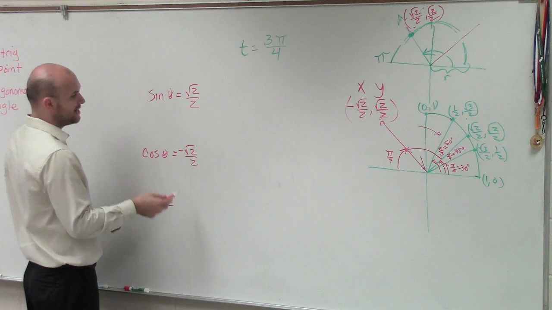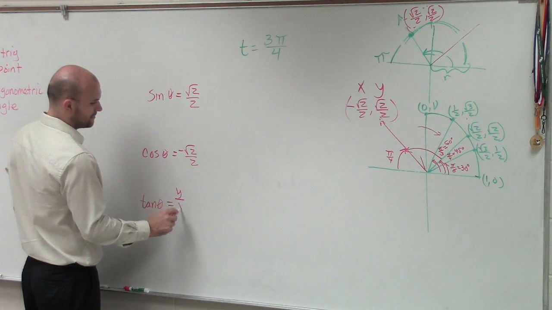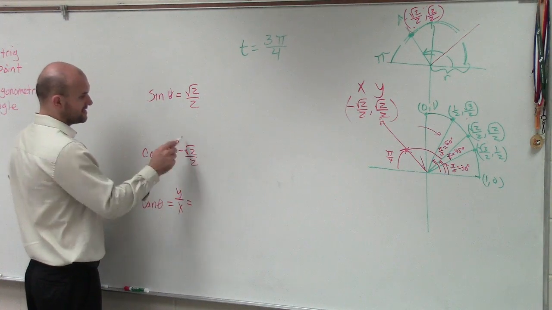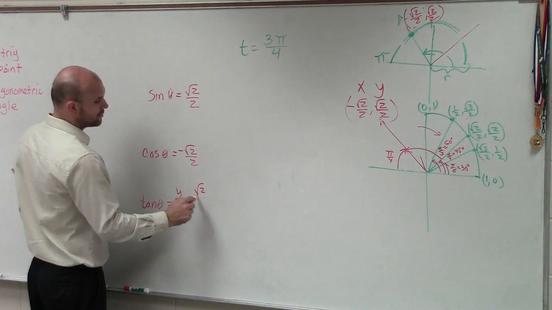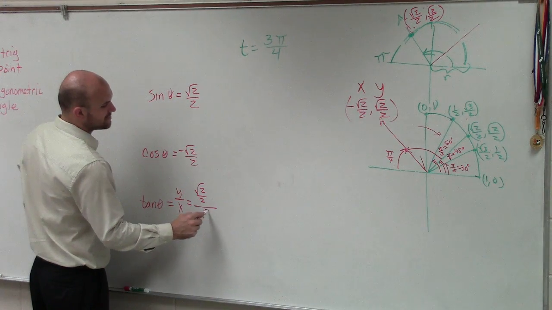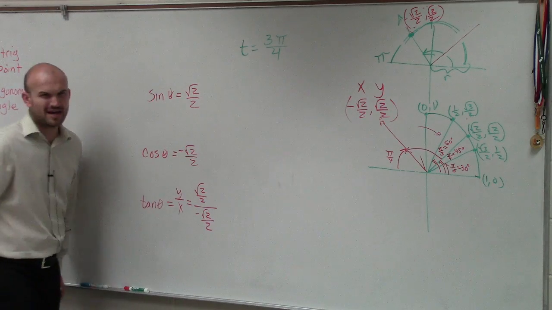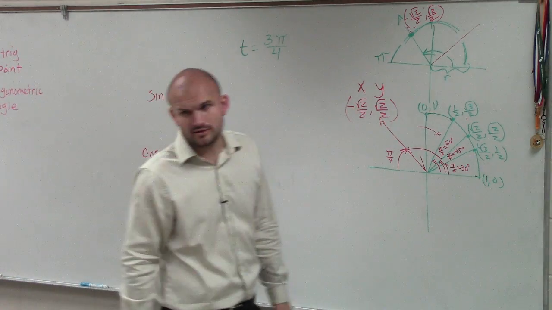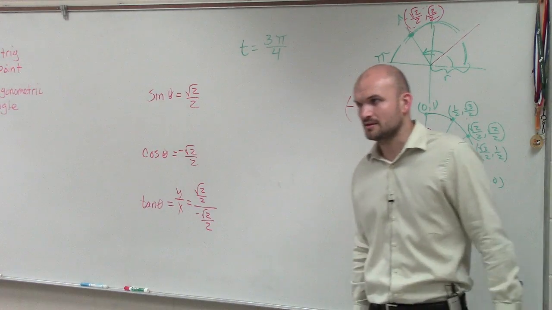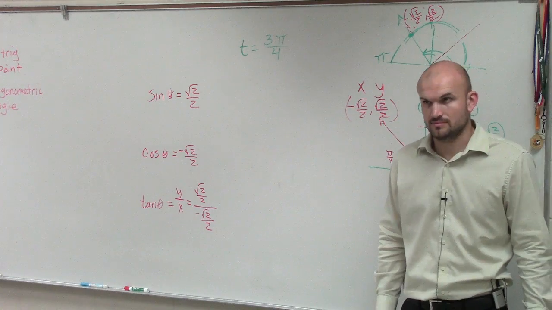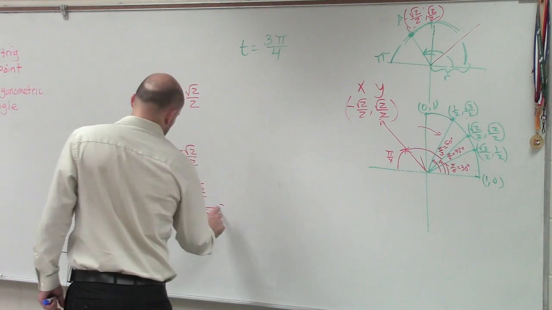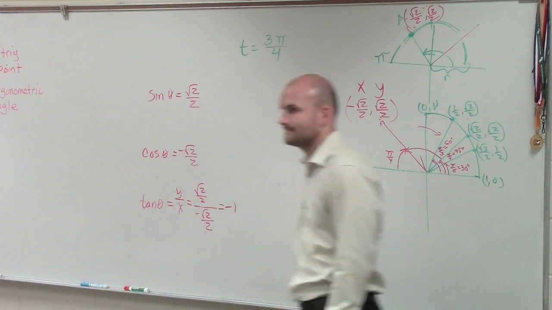Tangent, y over x. So I take the y coordinate, square root of 2 over 2, divided by negative square root of 2 over 2. Are those fractions exactly the same except for their negative sign? Yeah. So they just equal negative 1.